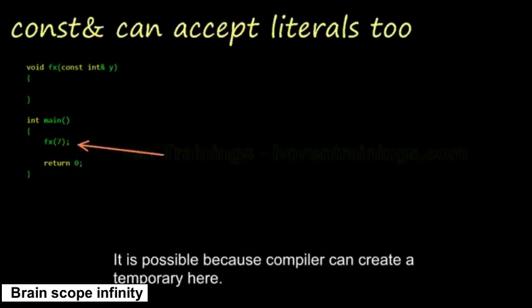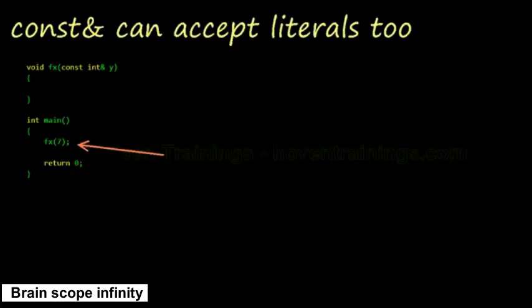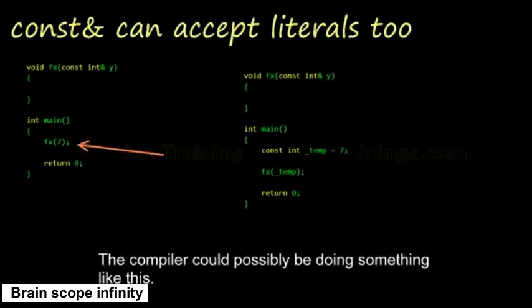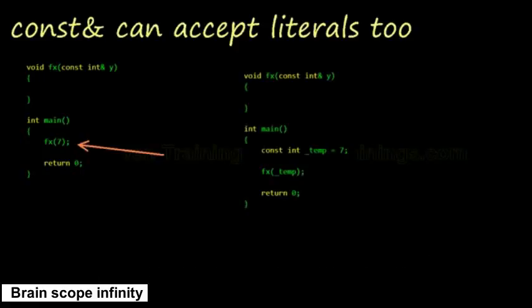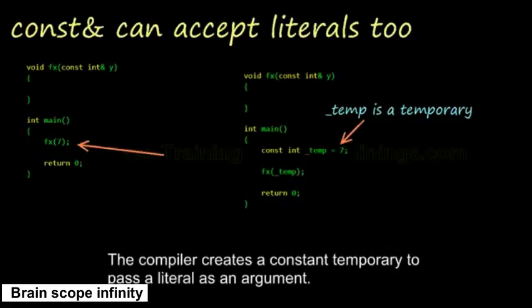It is possible because the compiler can create a temporary here. The compiler could possibly be doing something like this. The compiler creates a constant temporary to pass a literal as an argument.